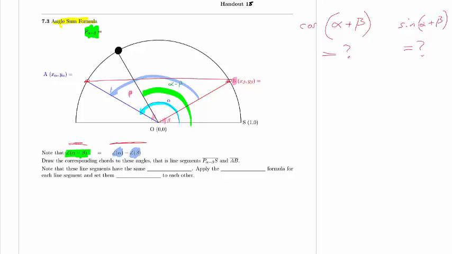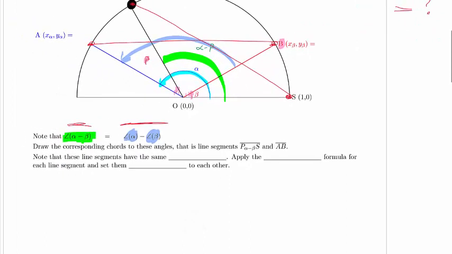If you look at what we have up on Desmos, that is one of the things being displayed. And then we have this other chord right here. Since the radius of the arcs are the same, one angle will have the same length of arc as another angle. So let's fill this out: these line segments have the same length.